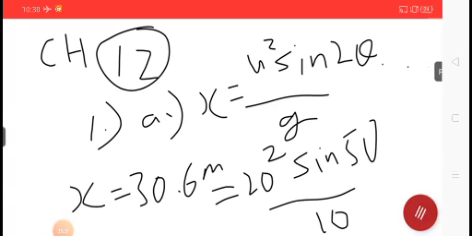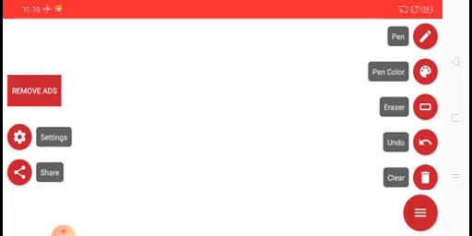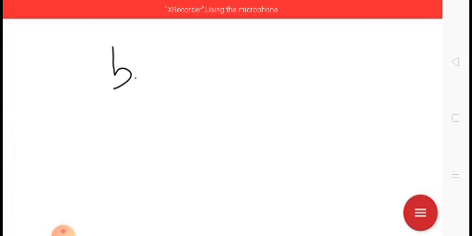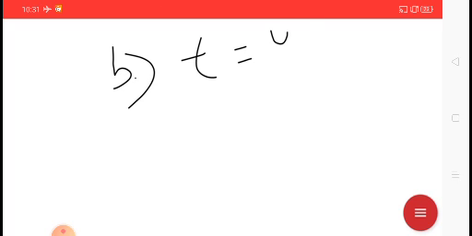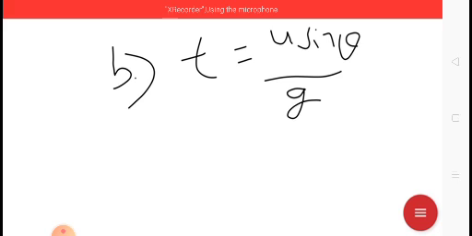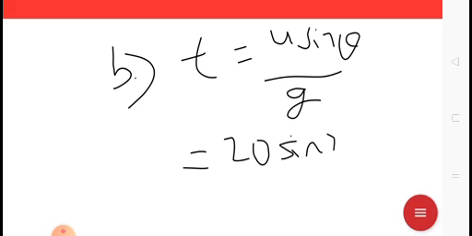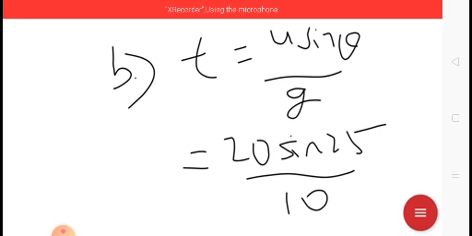And B, the time taken to reach the highest point. As you know, t for the highest point will be u sine theta over g. So it will be 20 sine 25 over 10.